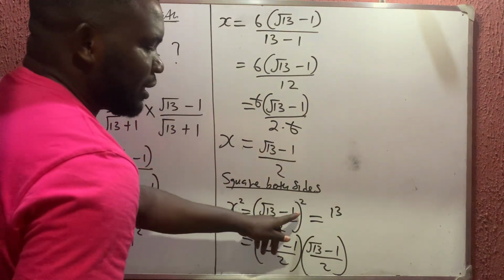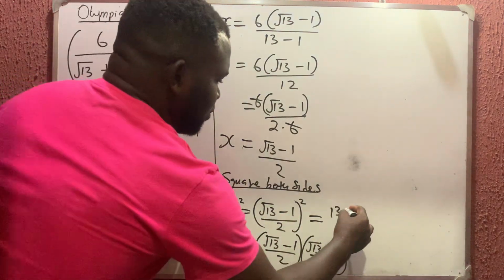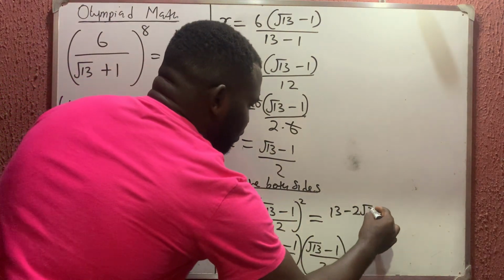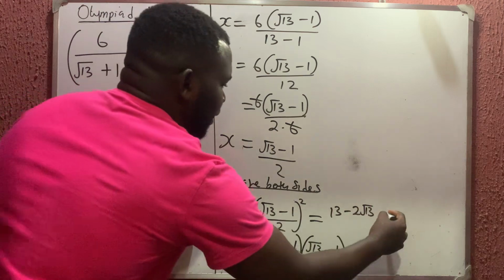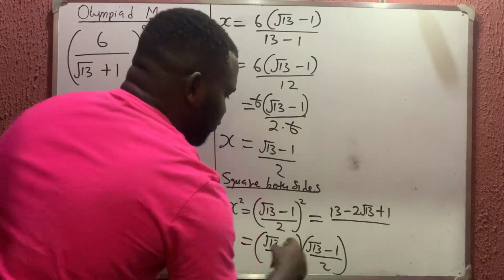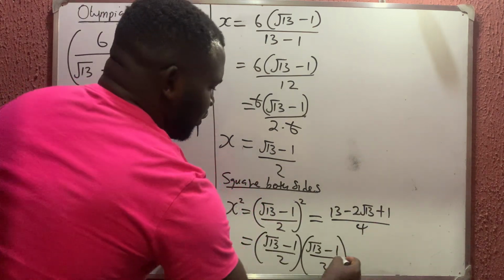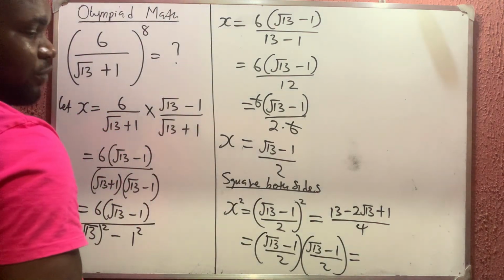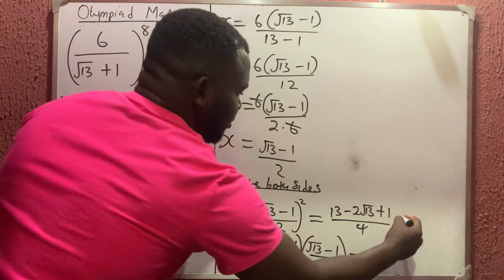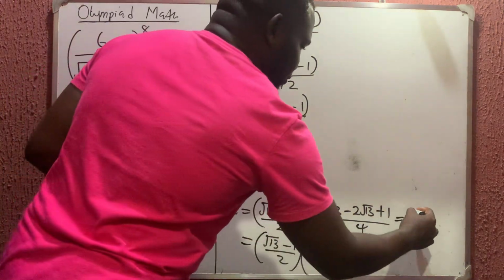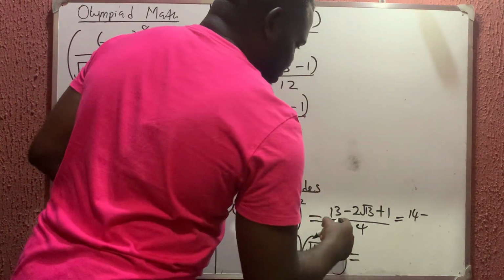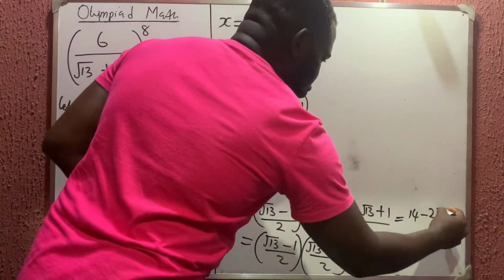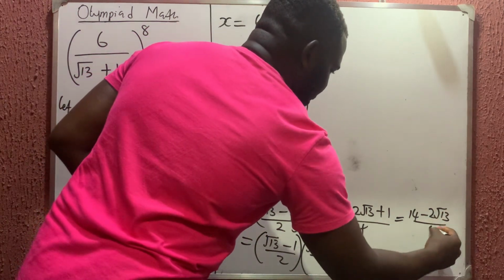Multiply the first and the second and double it to give minus 2 root 13. Square the last one, I have plus 1. All over 2 squared, which is 4. The 13 and the 1 give me 14, so I'm having 14 minus 2 root 13 divided by 4.